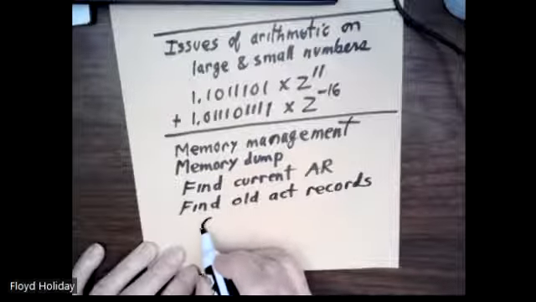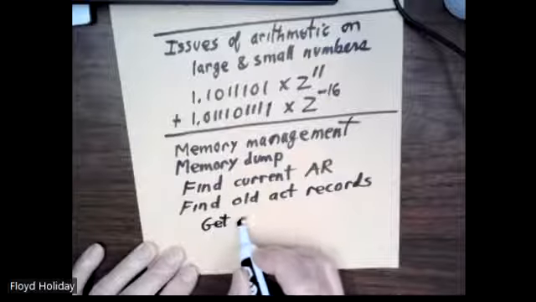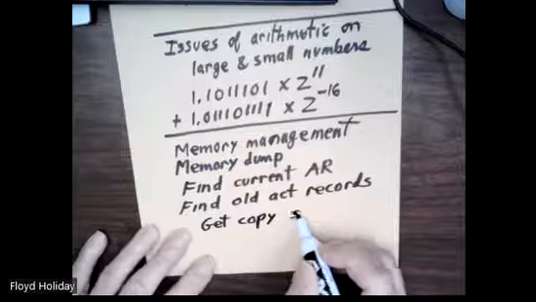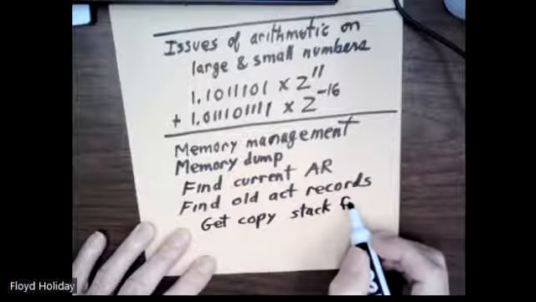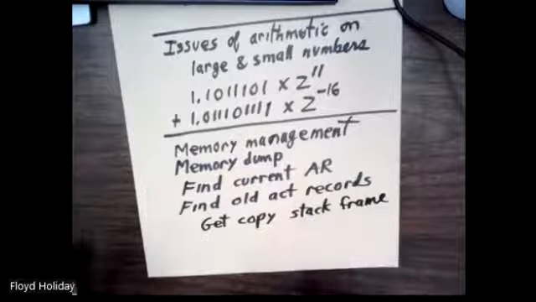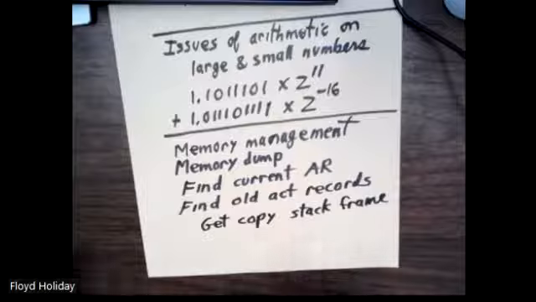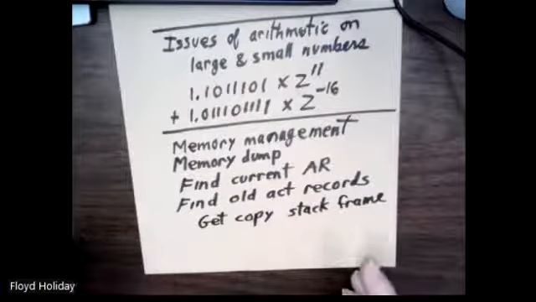So get a copy of the program called Stack Frame. And run it. And at the end, it will create a memory dump, which you can experiment with. It'll be very similar to the one that comes in your test.